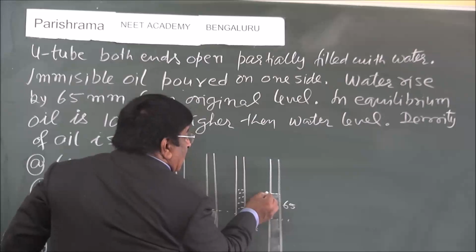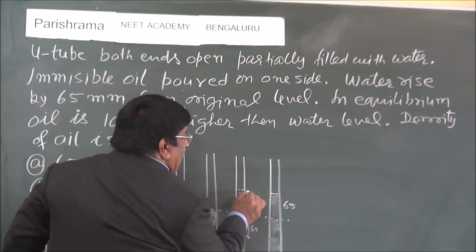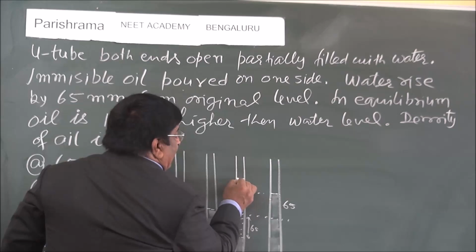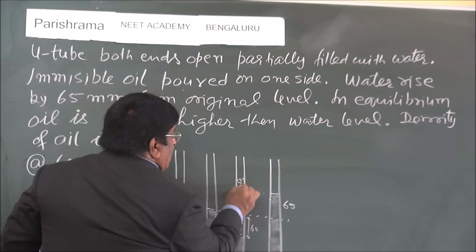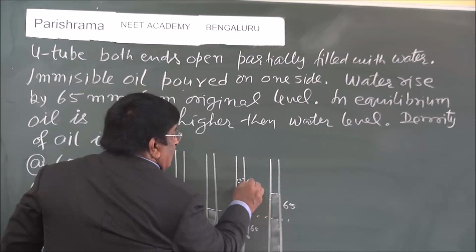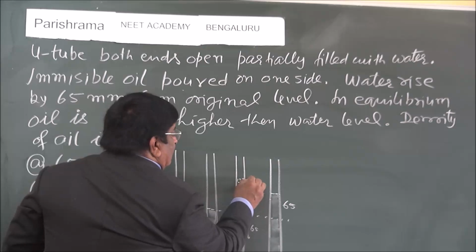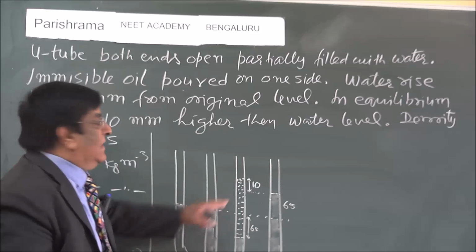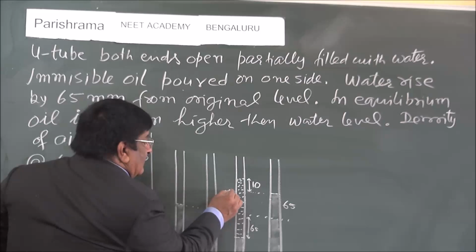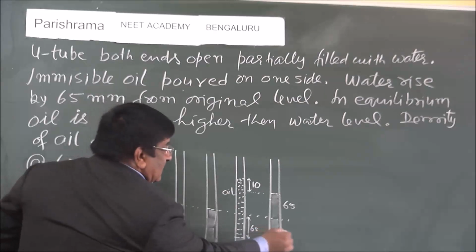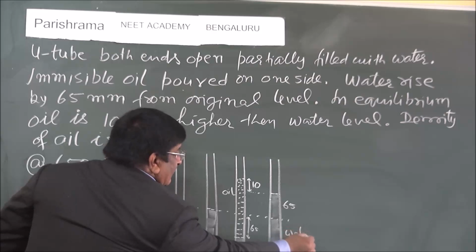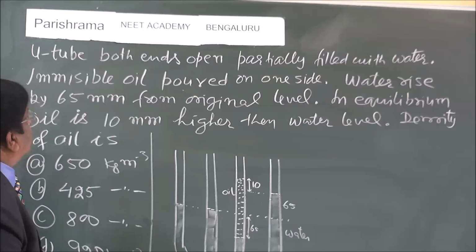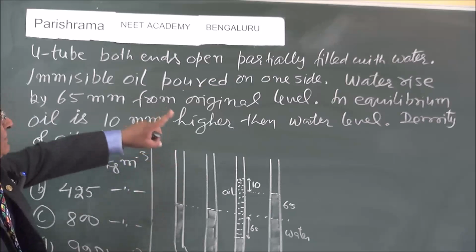This is the new water level at equilibrium, and from here the oil is 10 millimeter higher. This is 10. Okay. And this is oil. This is water. This is the final situation. Okay. This was initial, that was final.